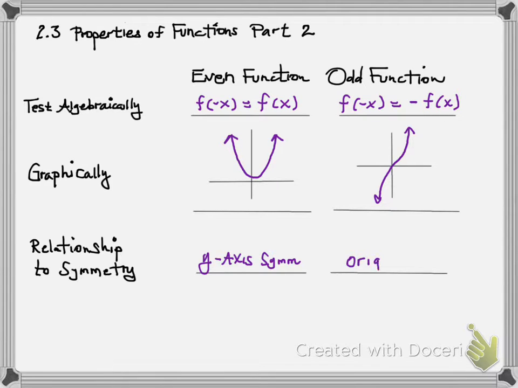That's the nature of that graph. So capping the odd function personality, all right, if f of negative x equals negative f of x, and graphically speaking, it has origin symmetry, then you got an odd function.